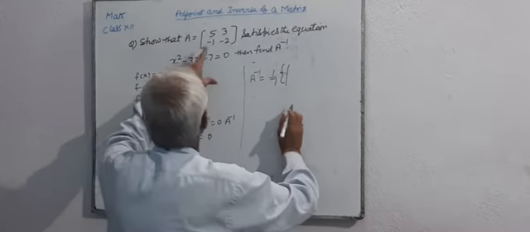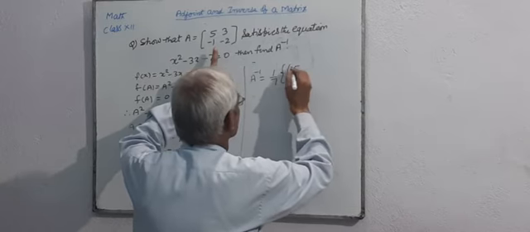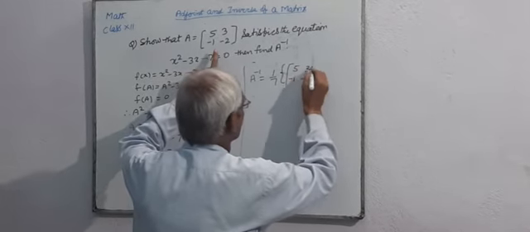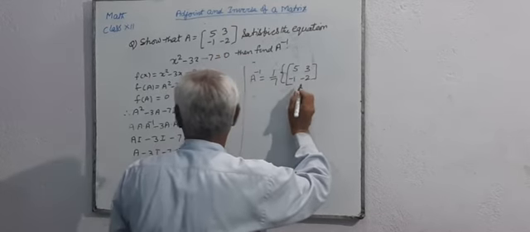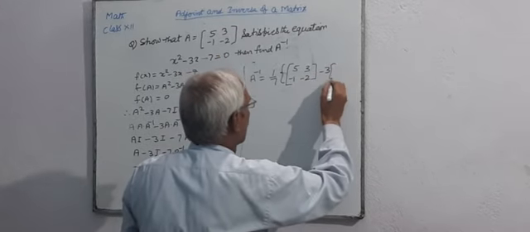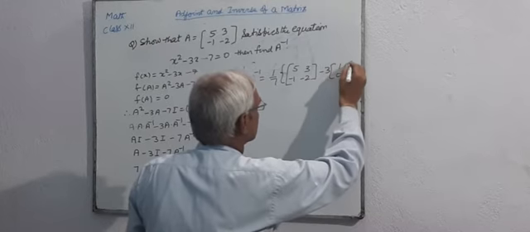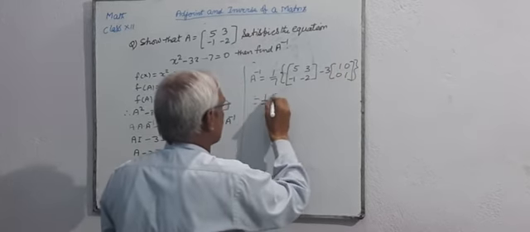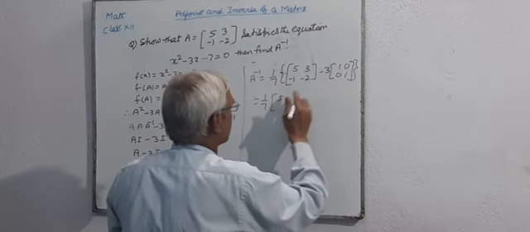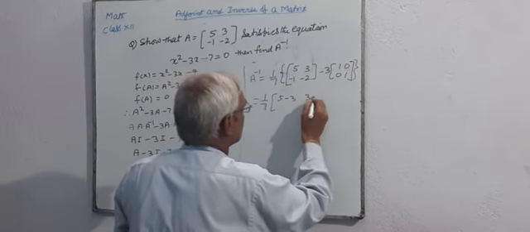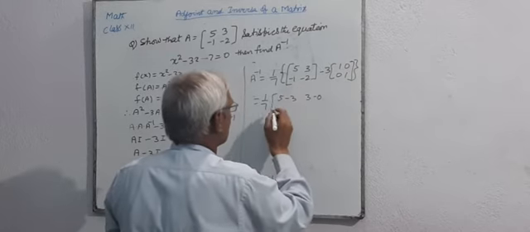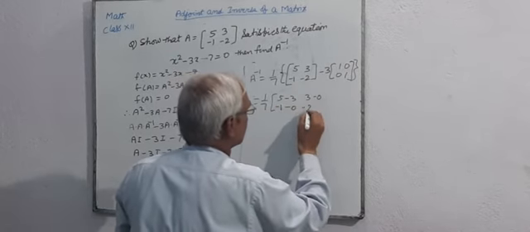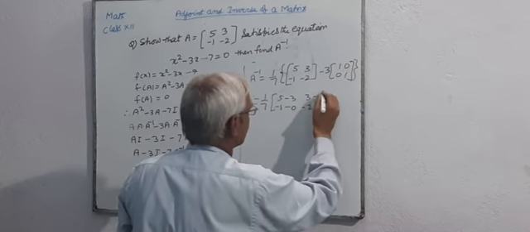A inverse = 1/7 (A - 3I), where A is 5 3, minus 1 minus 2, minus 3I, 1 0 0 1. That equals 1/7 of 5 minus 3, 3 minus 0, minus 1 minus 0, minus 2 minus 3.